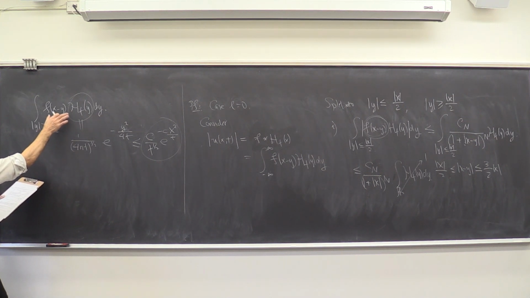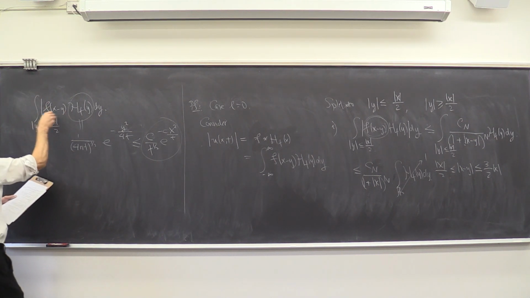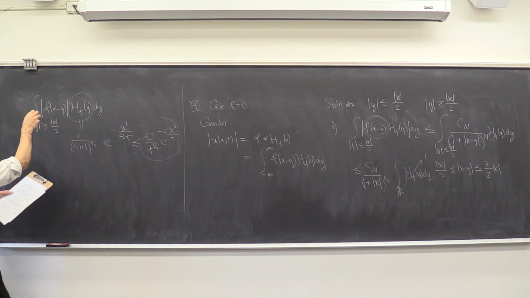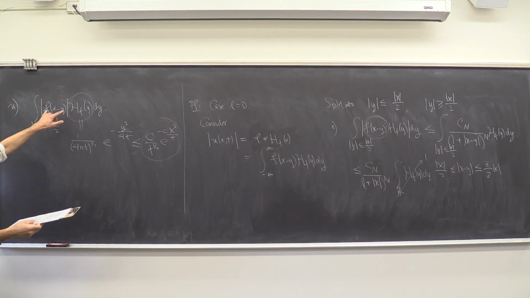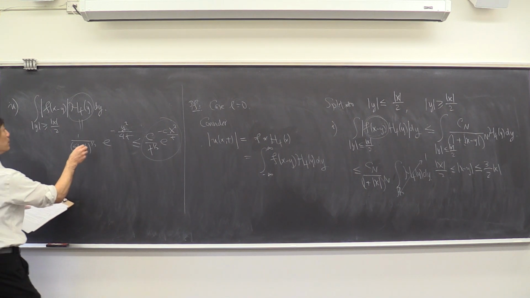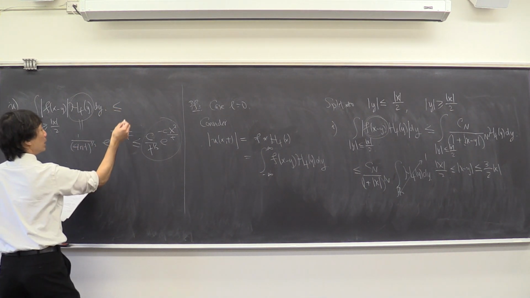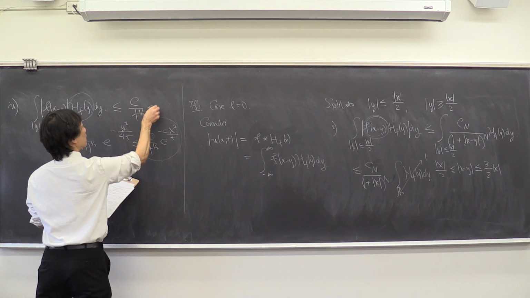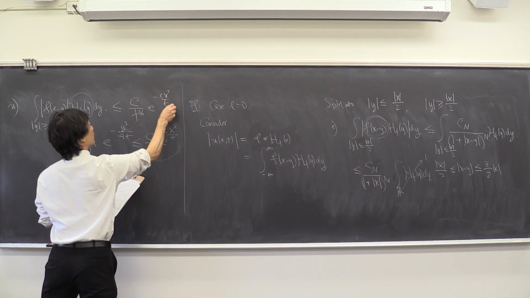Let's do this. We get the integral of f, but that's just some finite number. So we get that this thing is controlled by some other constant times t to the negative 1/2 e to the negative c x squared over t.